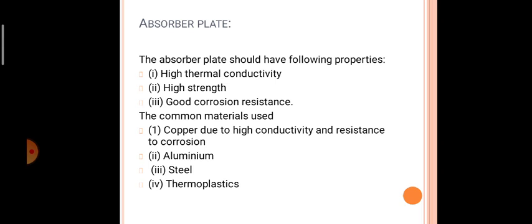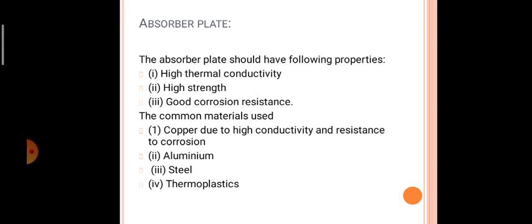High thermal conductivity: as the sun rays fall onto the absorber plate through the transparent cover, it should be able to absorb the maximum solar radiation falling onto it, thus converting the solar radiation into various forms of energy.